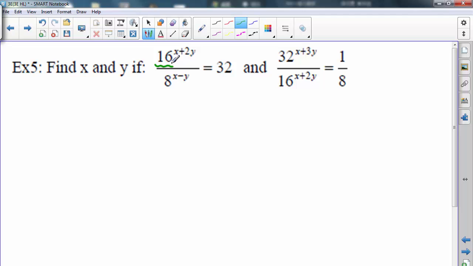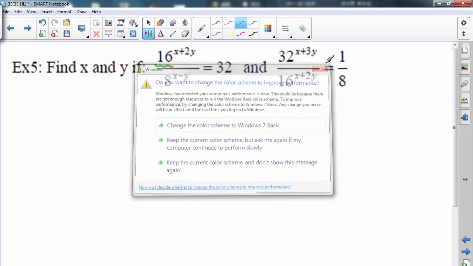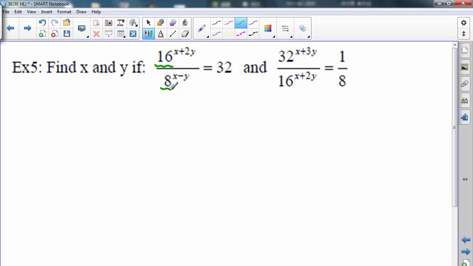This is a base 16 power, and this is a base 8 power. We need to convert them to powers with the same base. We all know 16 is 2 to the power of 4, raised by x plus 2y, divided by 8, which is 2 cubed, raised by x minus y, equals 32.